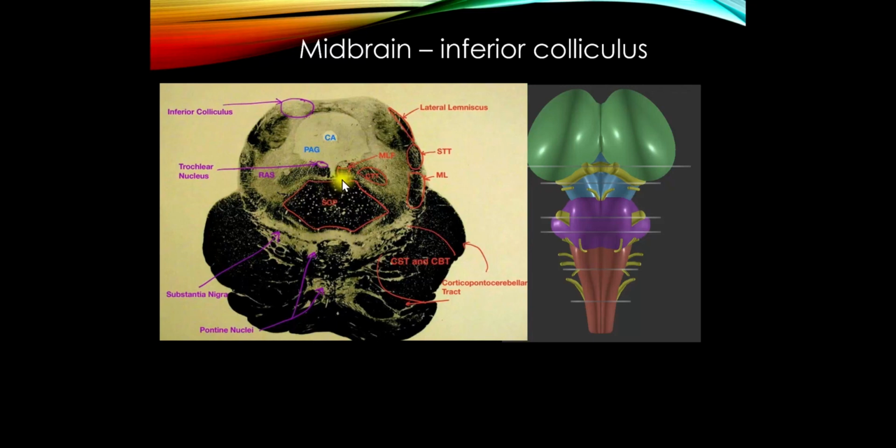We still find the medial longitudinal fasciculus here in this midline position. So remember internuclear ophthalmoplegia and its relationship to multiple sclerosis. All right, our sensory pathways have now moved out laterally here. So the medial lemniscus and the spinothalamic tract.